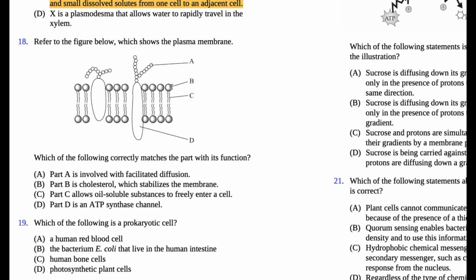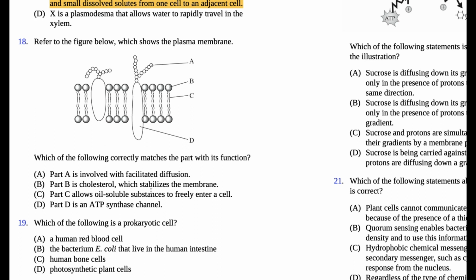B is cholesterol, which is false because you see here that it's phospholipid. I'm sorry, C are the two fatty acids, and B is the phosphate group, the head of the phospholipid.